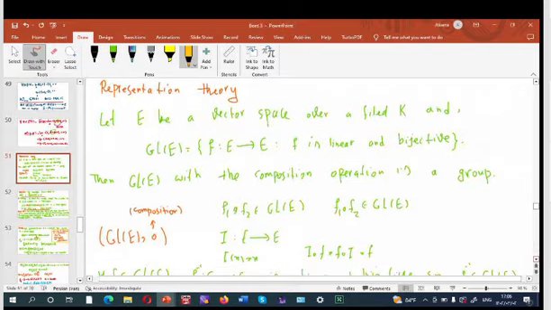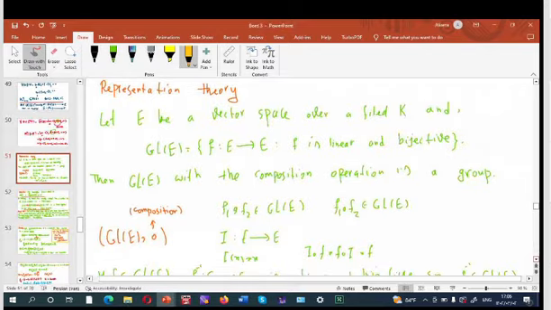Please note that if we consider, for example, real numbers, f1 of x is a real number and f2 of x is a real number, so this is a real number, and also this. And if we consider complex numbers, these two are complex numbers.